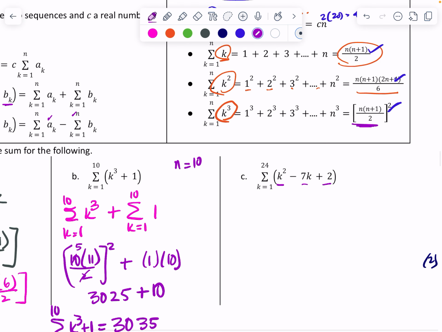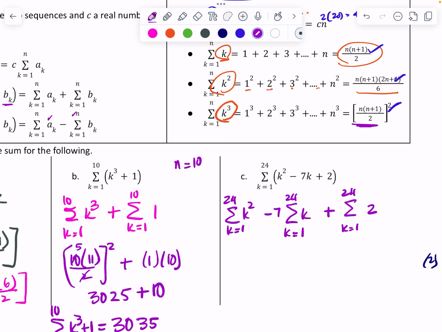As you can see, this is 3 different terms. I'm going to break them up because the property allows me to break them up. This one's quadratic, this one's linear, and this one's constant. I'll write the formal notation, 24k squared minus 7. I'm going to pull out the 7 already. Sum of k equals 1 to 24 of k plus sum of k equals 1 to 24 of 2.